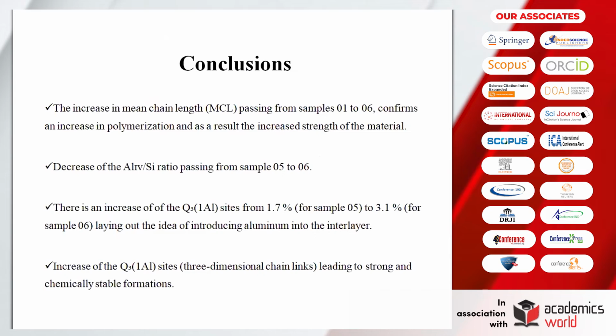that made us think that the aluminum was introduced into the interlayer, which is the layer that connects together the two silicate chains. Also, this increase in the branching sites, or the three-dimensional chain links, leads to strong and chemically stable formations.